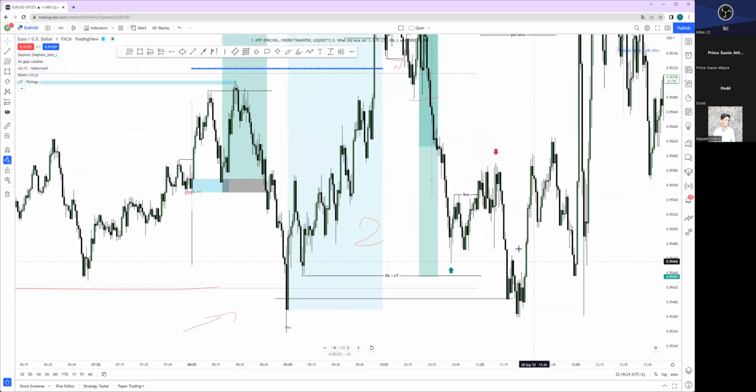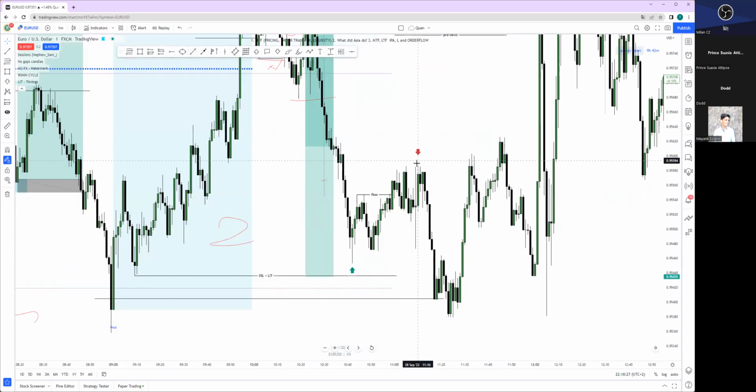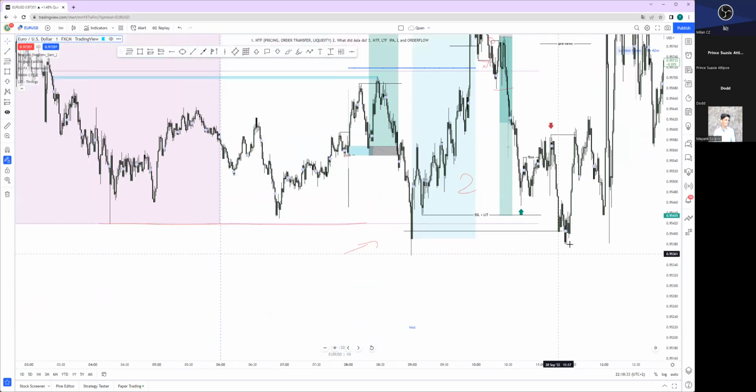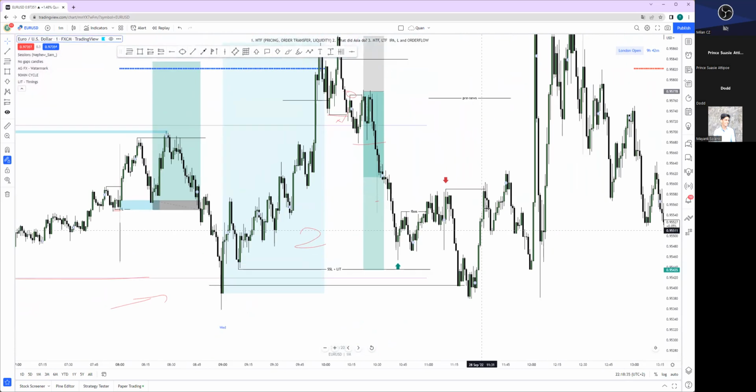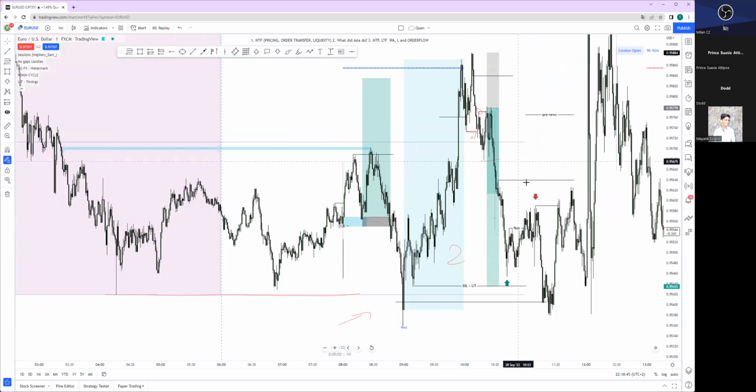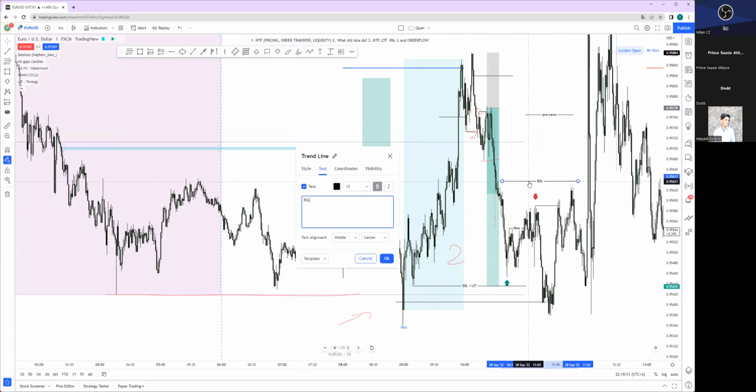But after this, price broke structure above, right? And now you know that the price is respecting this for some reason. It's pre-news and price is building liquidity upside. This whole thing is liquidity. This whole thing is buy side liquidity. Let me take this out, buy side.